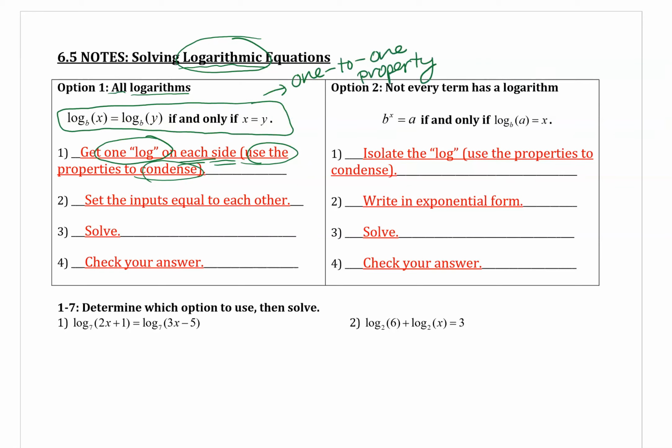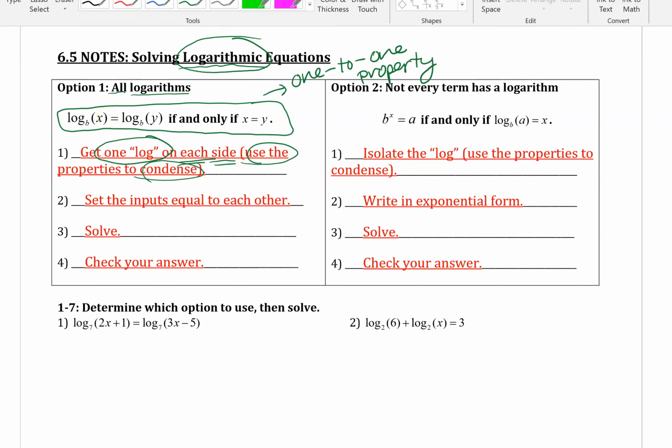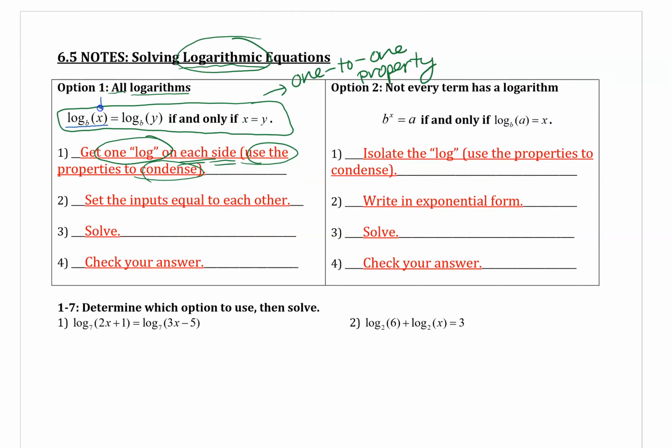What this property basically says is that if you have an expression where the log of the same base of one input is equal to the log of the same base of a different input, and those expressions are equal, then the inputs themselves must be equal.